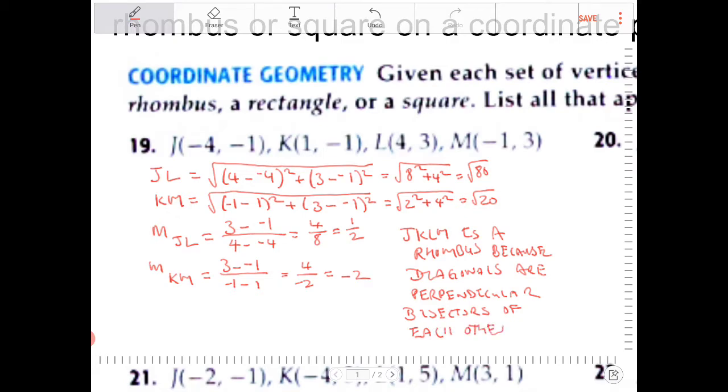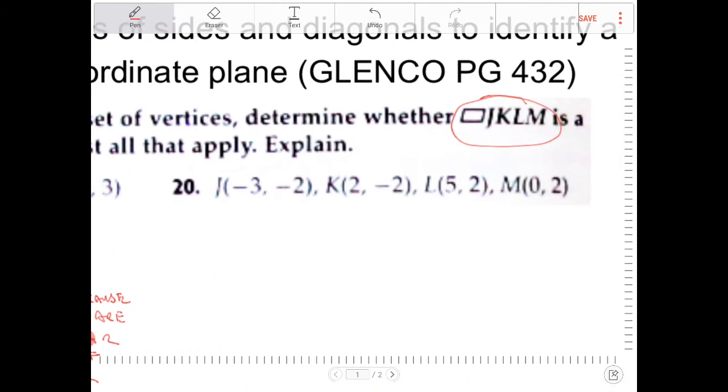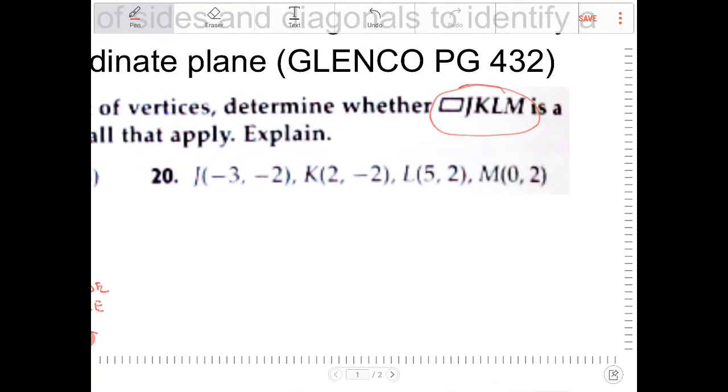Okay, moving on to the next one. Again, in the same fashion, I really wish that they changed up the letters here, but for all four of these problems, they use the same lettering, but it's okay. So again, I'm going to work with the diagonals.